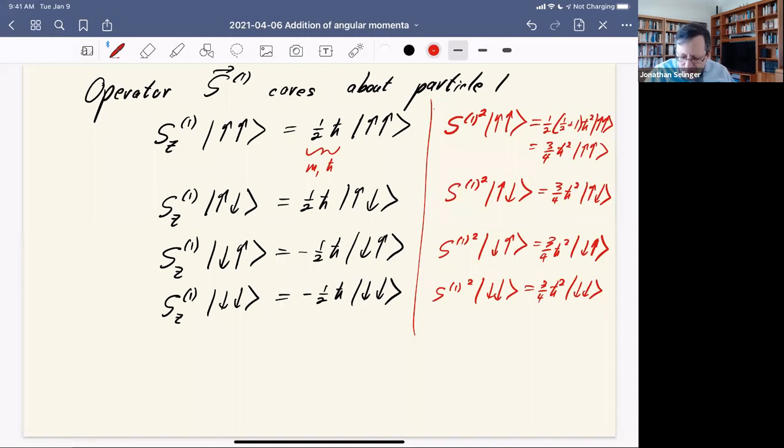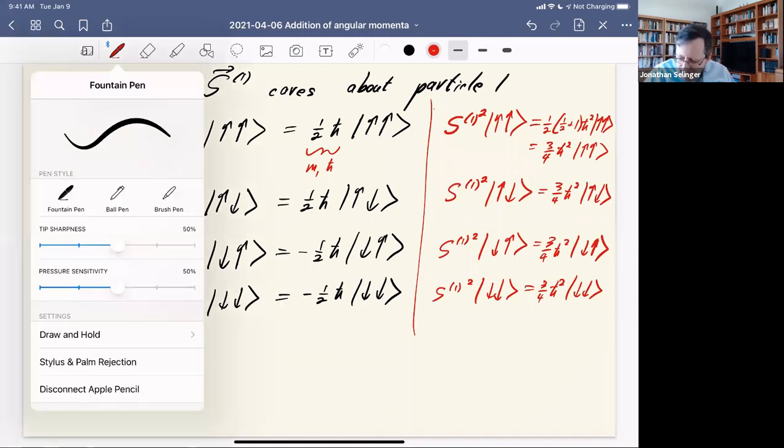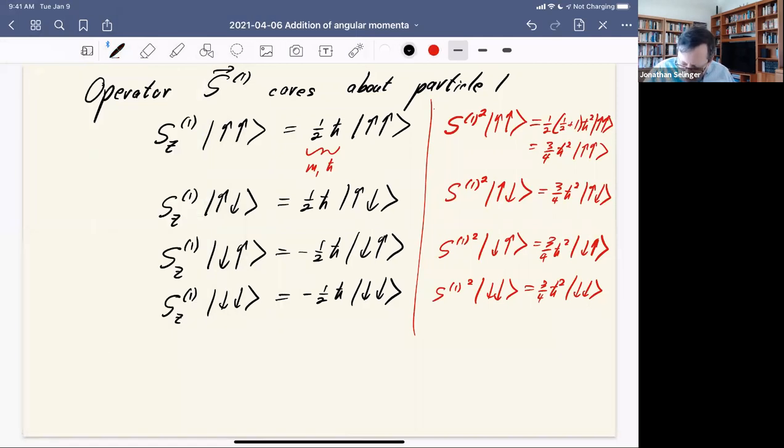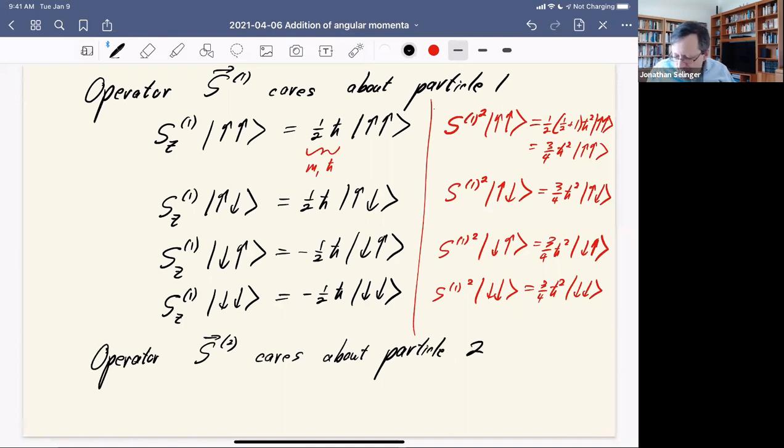Now we have the same kind of story for operator S2, which cares about particle 2. I could write out all these things, but I don't want to because that's kind of boring.